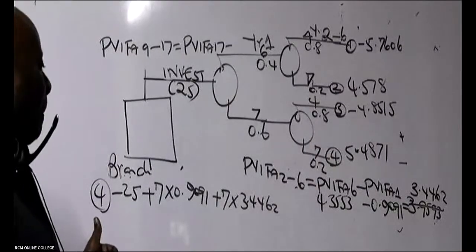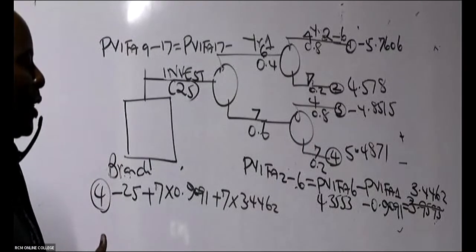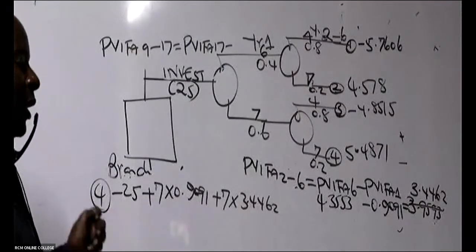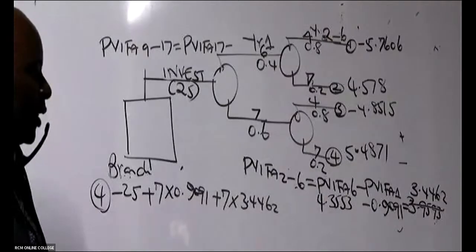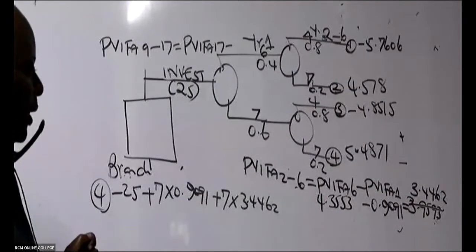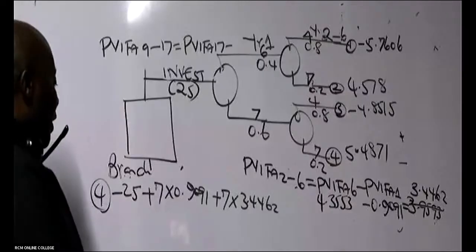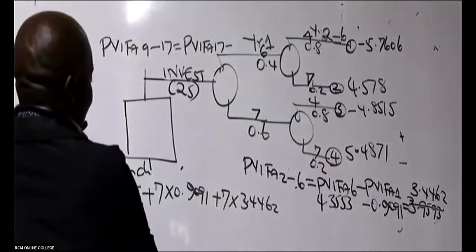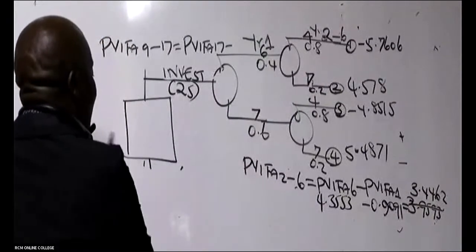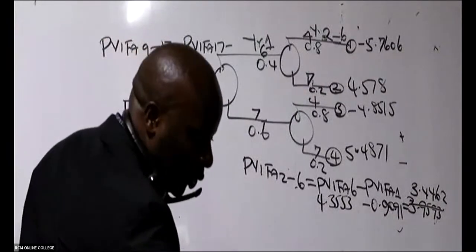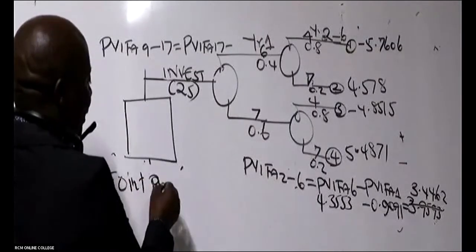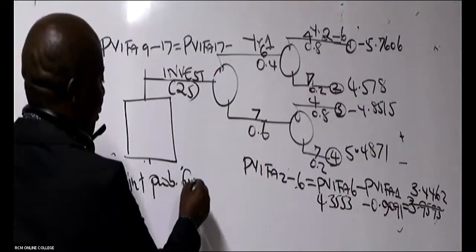So step number 3 was to give us the NPV for the branches, ignoring the probabilities. Step number 4: go ahead and give us the joint probabilities for each branch.